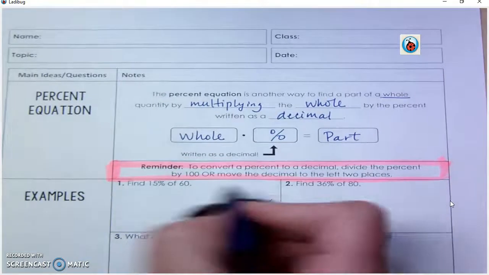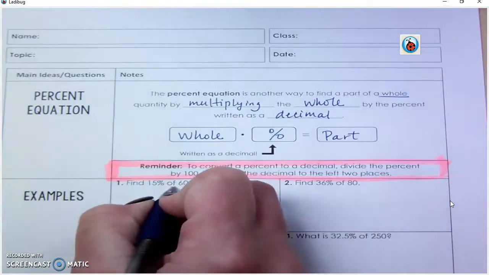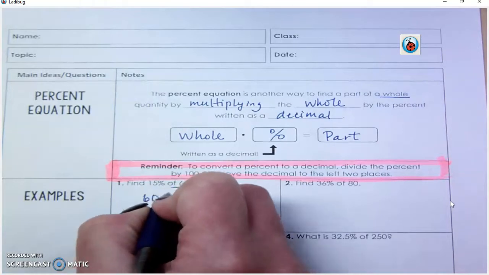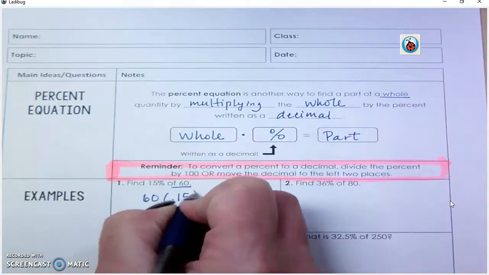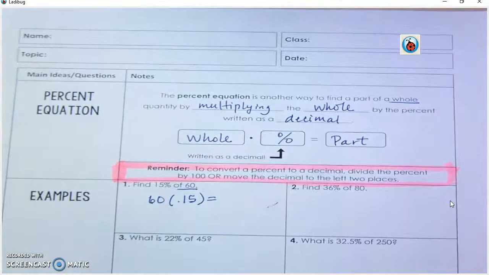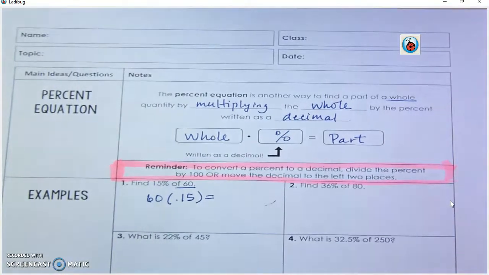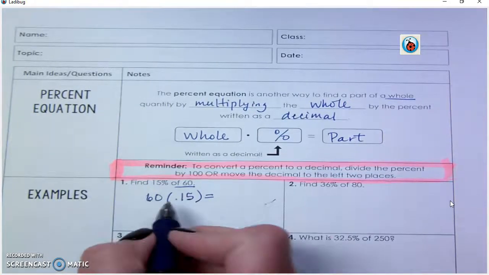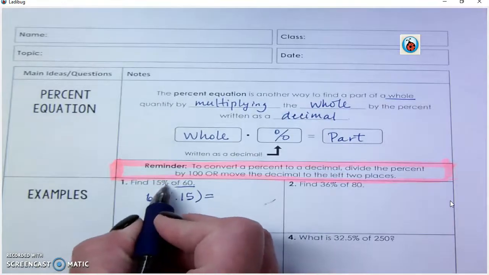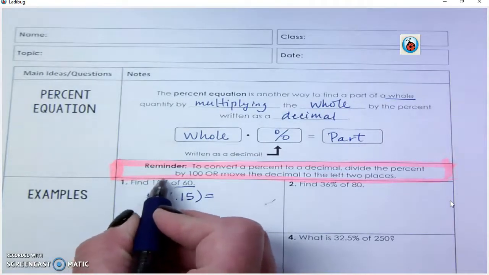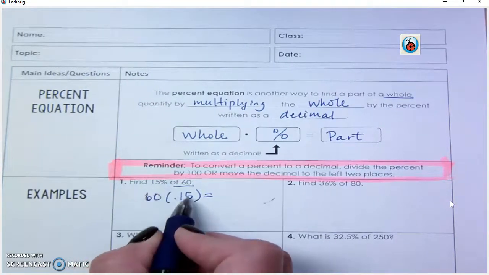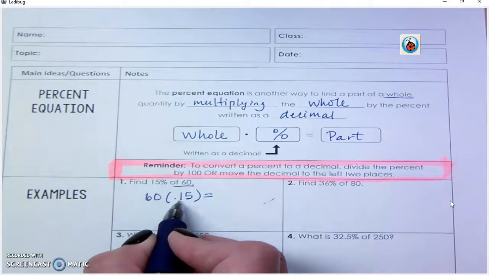Find 15% of 60. So 60 is the whole number, and 15 is a part of it. So 60 times 15%, that's going to be the equation that we're using. On your calculator, when you take 15 and use that percent button key, it turns 15 into 0.15.